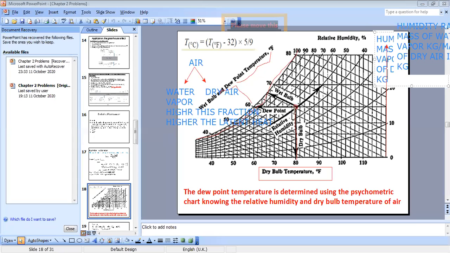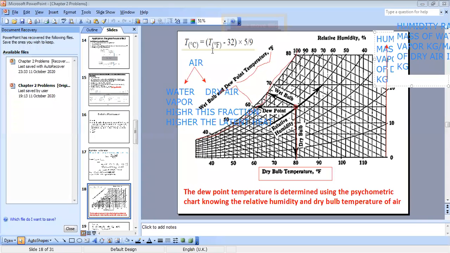You have a certain amount of air that has energy in the form of sensible heat and latent heat. You can exchange from latent to sensible or from sensible to latent heat. So these two components of air, which are water vapor and dry air, can exchange heat between them. If dry air loses sensible heat, it can transfer it to a form of latent heat by increasing the amount of water vapor inside air.